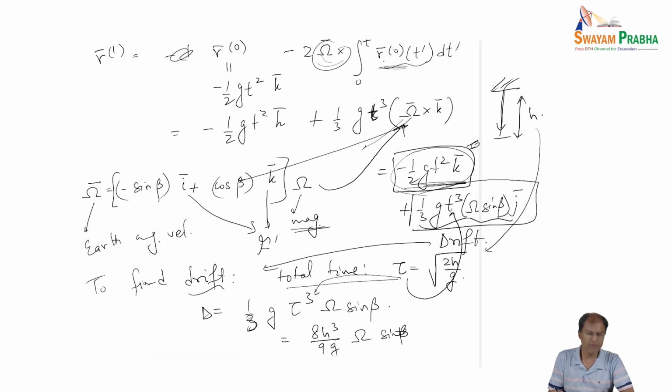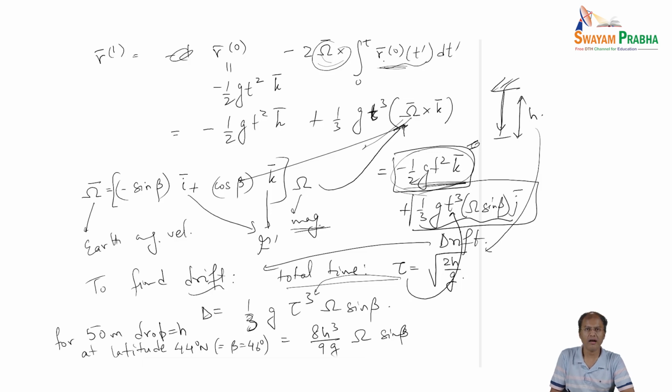Now if we plug in some numbers, let us say for a 50 meter drop, this is our value of h, and let us say at latitude 44 degrees north, beta is 46 degrees, right?